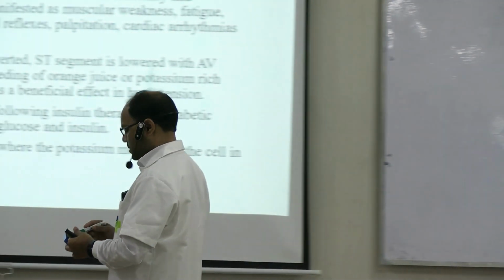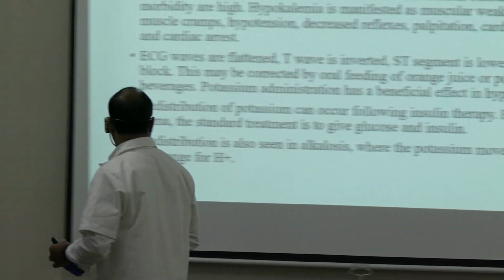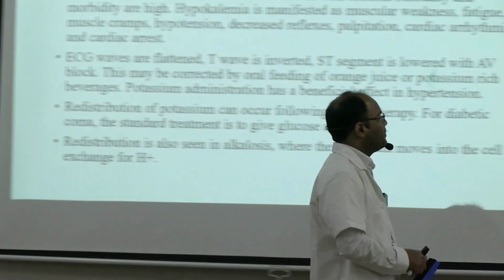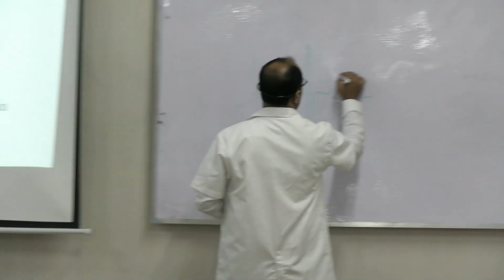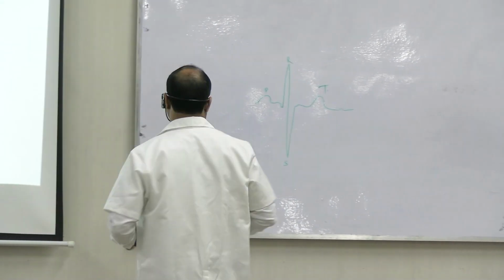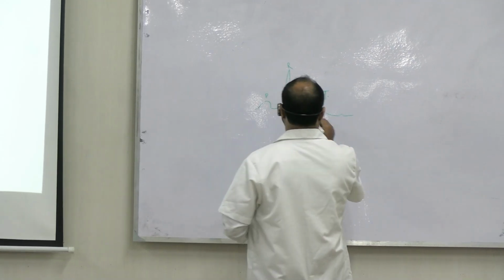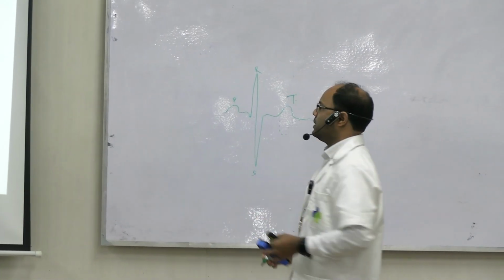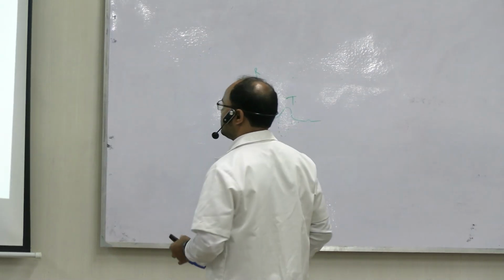So in ECG, the T wave becomes inverted. This is the T wave. It becomes inverted, it goes like this. Inverted. The ST segment is lower.